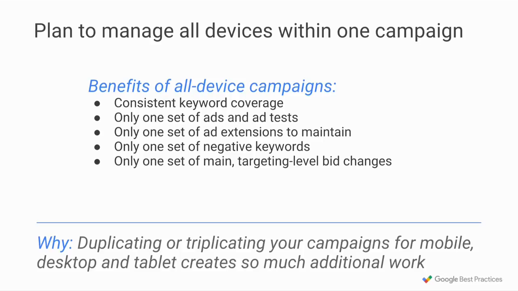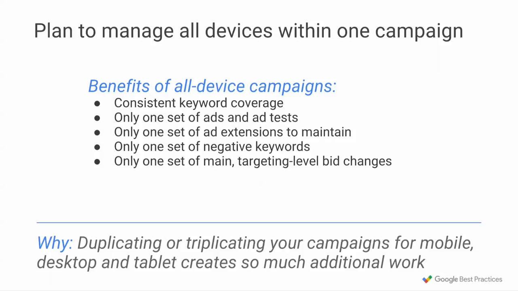We think that this will triplicate the amount of workload that you have to manage, and it creates a lot of inefficiencies and redundancies. So if you consider having all of your devices targeted in one campaign, it's actually a much easier process. You can ensure that you have consistent coverage of keywords across all devices, and you can manage one set of ads, ad tests, as well as ad extensions and shared negative keywords all in one place.